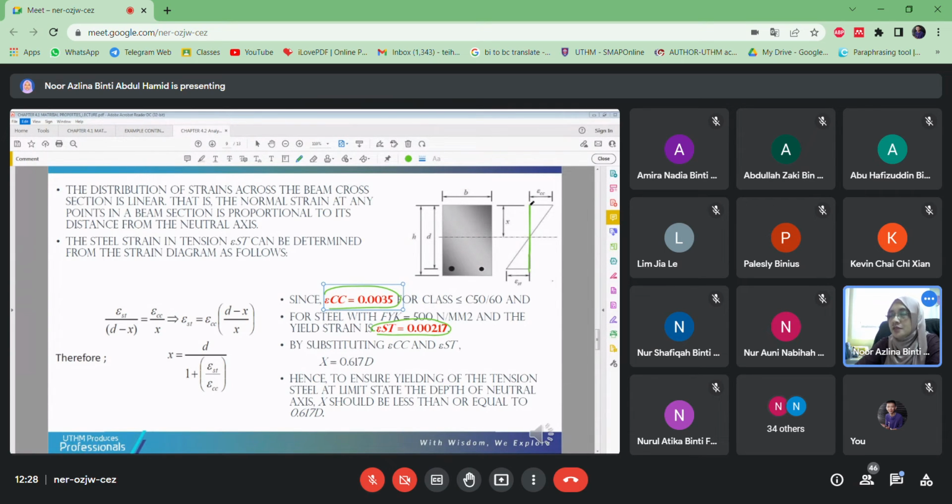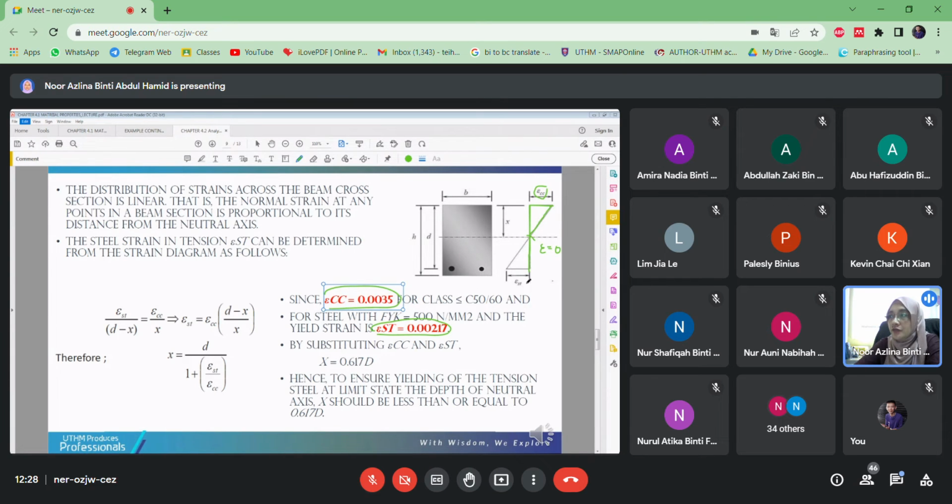Okay, and then extend slightly according to the strain of the concrete. And then remember for the concrete, at the neutral axis, the strain is equal to 0. So that's why you will get this kind of triangle shape.